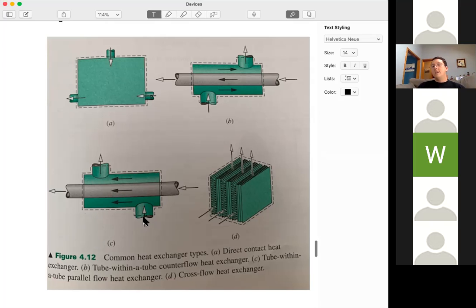So what you're going to have is a change in enthalpy for the fluid in green in this image, and a different change in enthalpy for the fluid in the gray pipe. The fact that I have two different fluids, each with their own changes in enthalpy, is what accounts for the heat exchange, right?